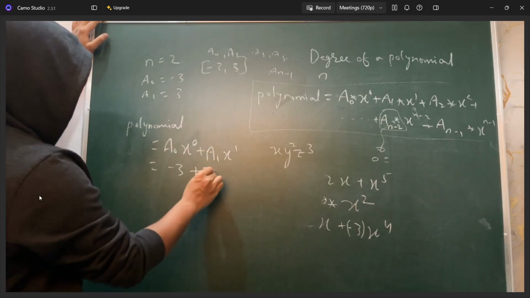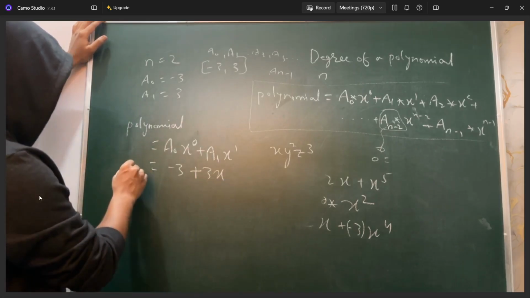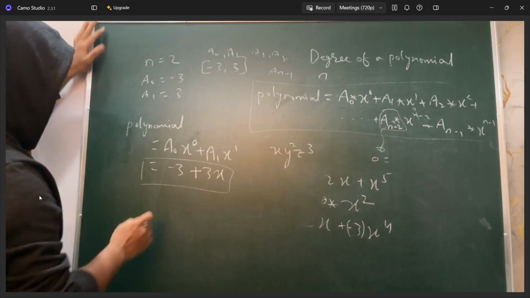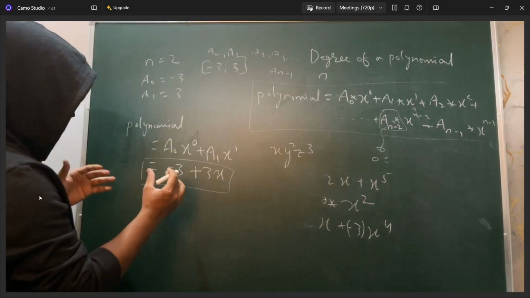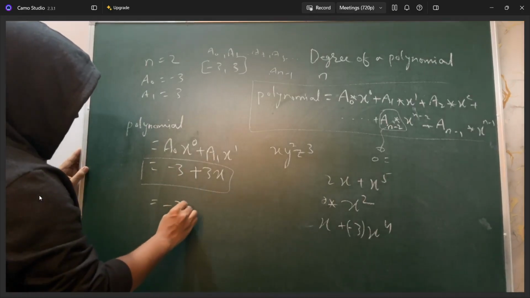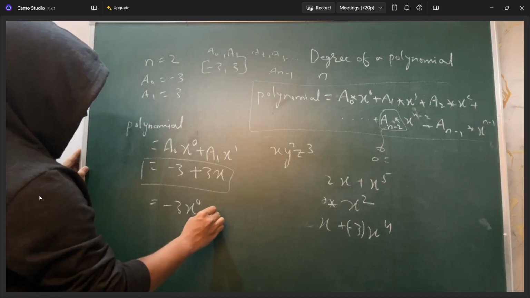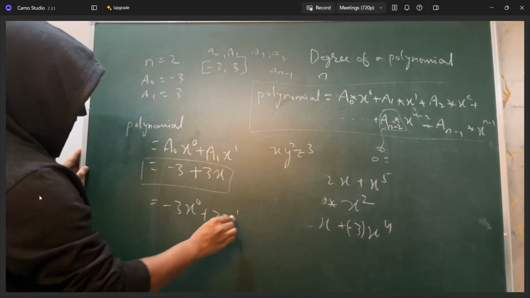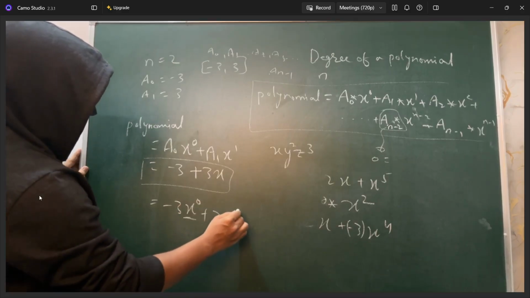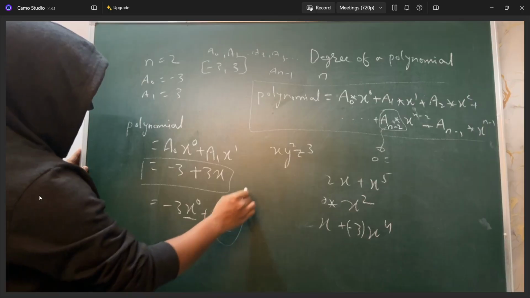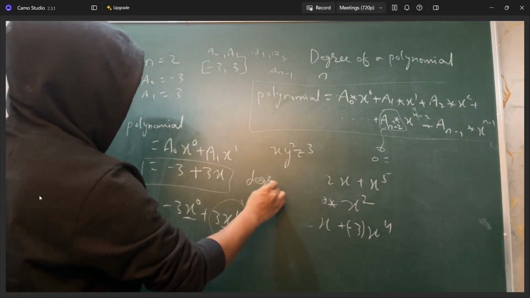What is a1? Which is 3. x power 1 is x. So this is the polynomial of this example, and it can be written as minus 3 and 3x power 1. You will be checking, it has degree 0 and it has degree 1. So the highest degree is 1 here.